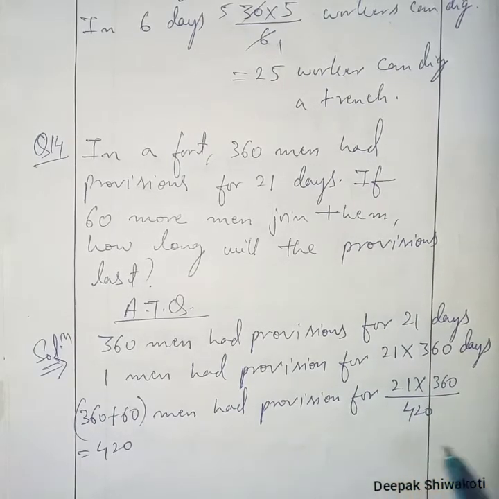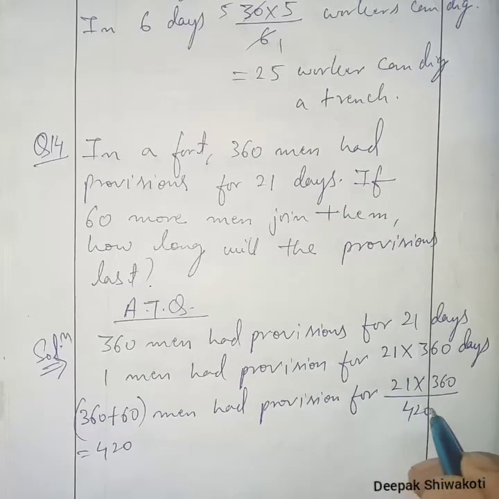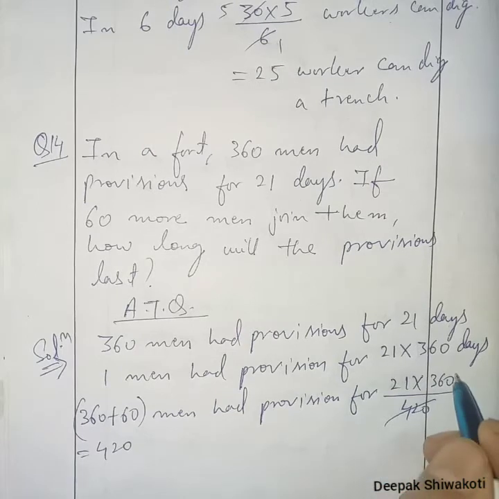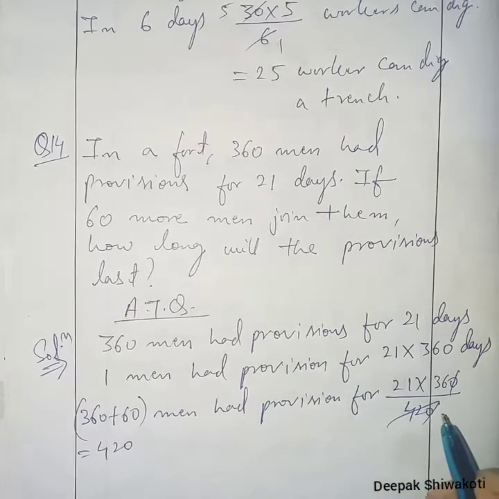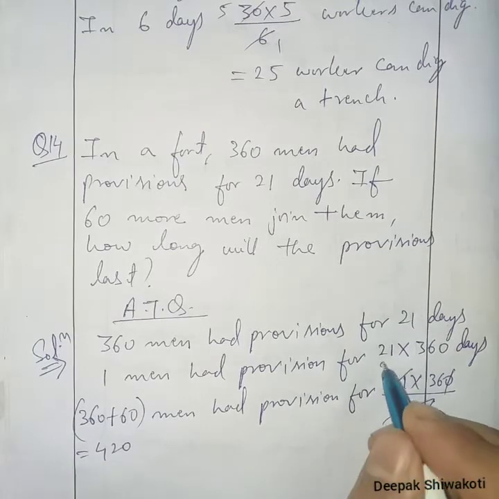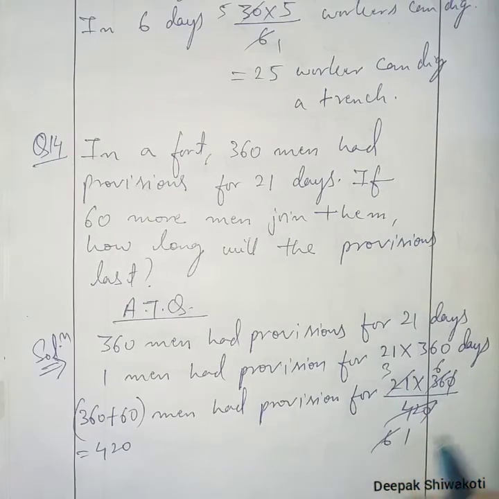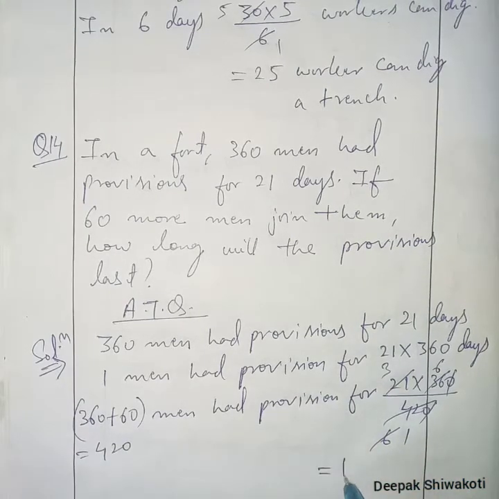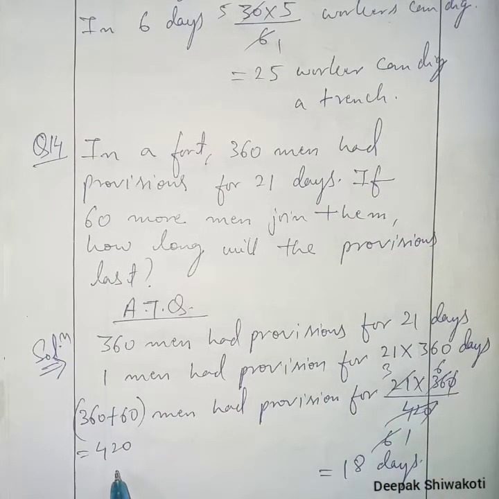So when we calculate this, here by 7, 0 0 cancel, by 6, 6 3s are 18. So provision will last for 18 days if the number of people is 420. Okay, question number 15 now.